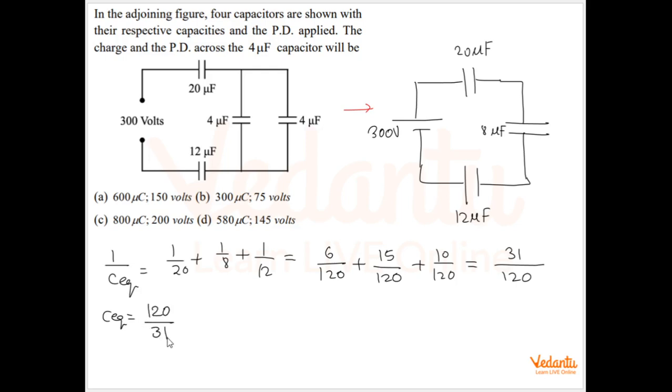Now that gives me the charge that comes out. If let's say the charge coming out of the battery is Q, then the charge here will be plus minus Q, the charge here will be plus minus Q, and the charge here will also be plus minus Q. And that Q will be C equivalent into V. That will be 120 into 300 divided by 31.